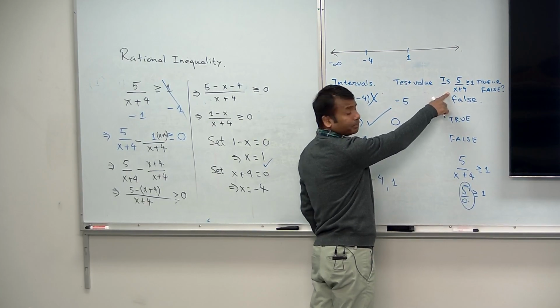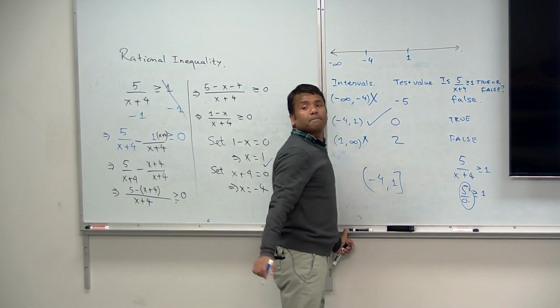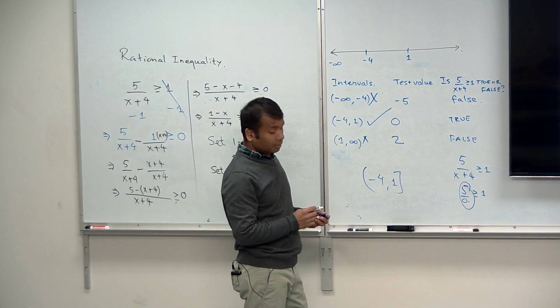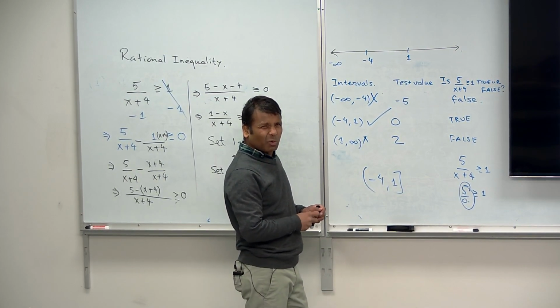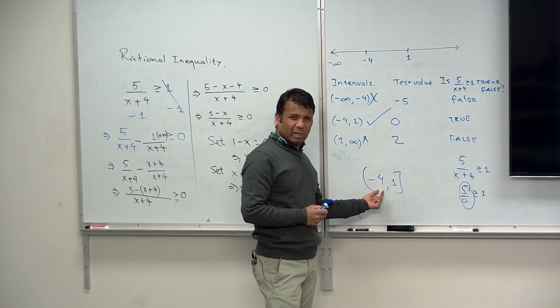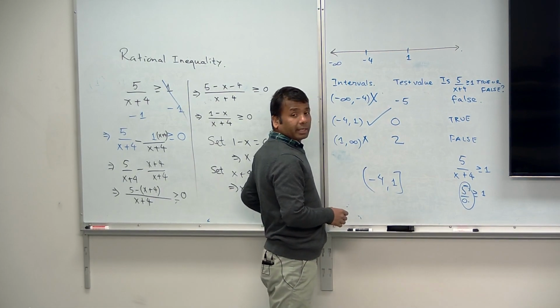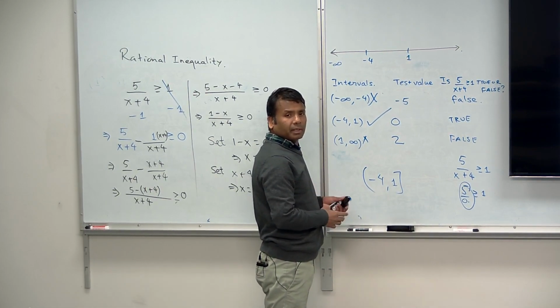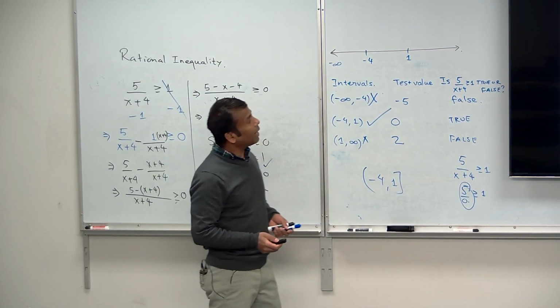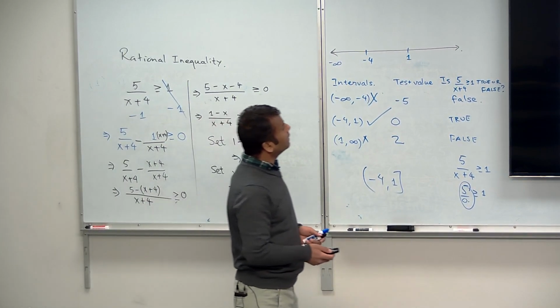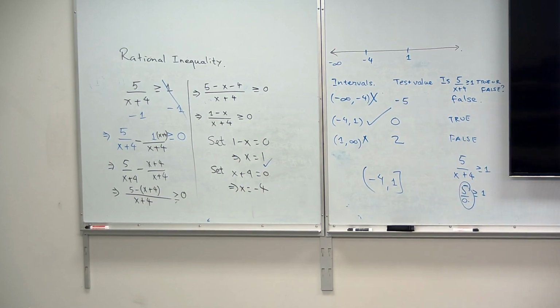That makes sense? Yes. So this is a solution. You see why I exclude this negative 4 from the solution set. That makes sense, guys? Okay. So this is what we did here.